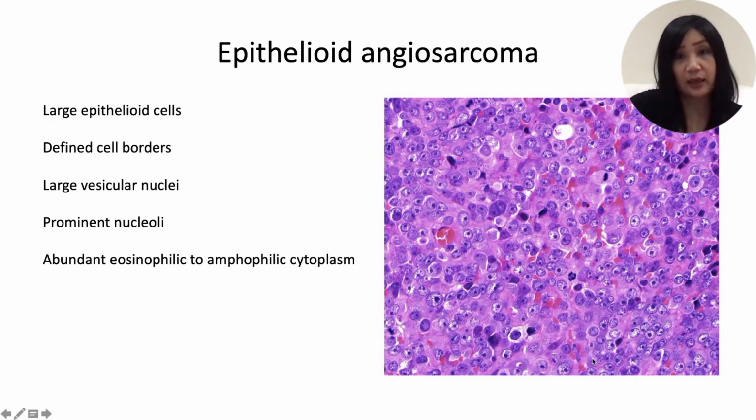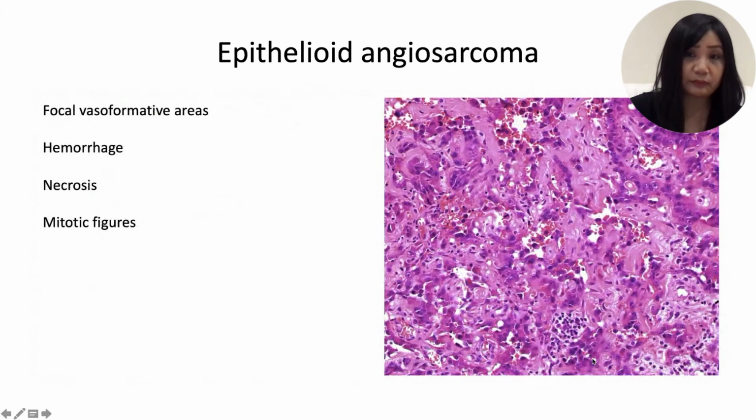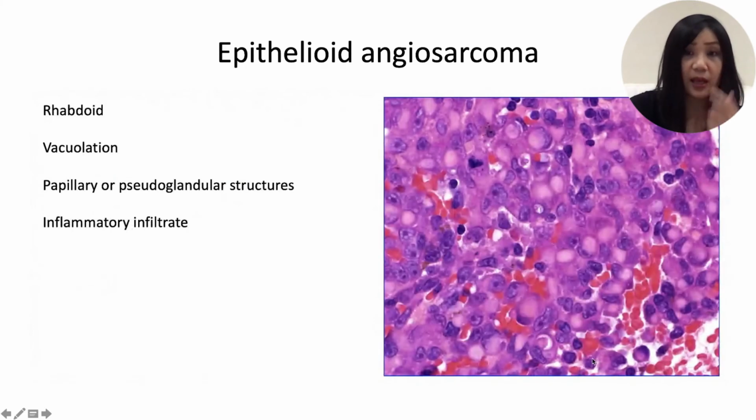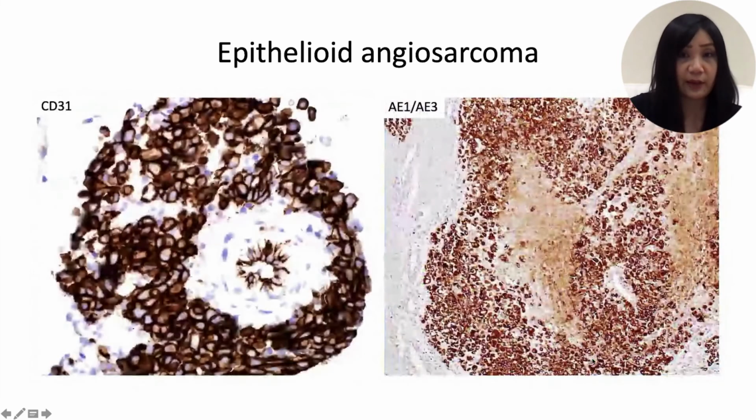So these cells typically have this very undifferentiated look with prominent nucleoli and vesicular nuclei. And we need to look for areas of more typical angiosarcoma. Sometimes there can be rhabdoid change and papillary or pseudoglandular structures with a variable inflammatory infiltrate.